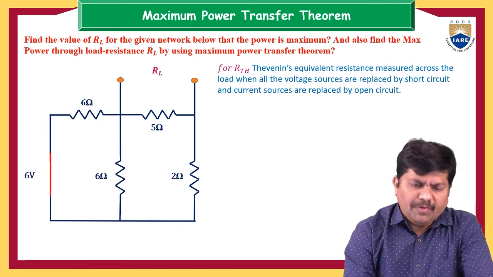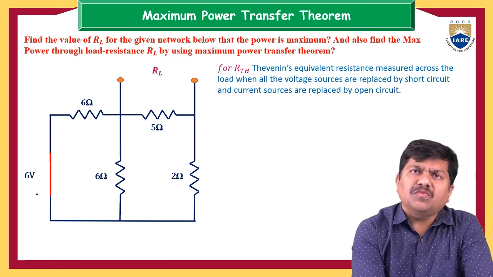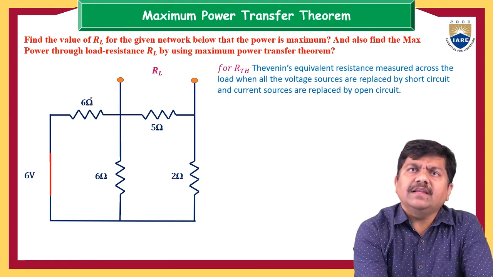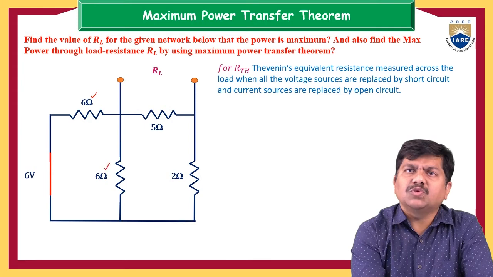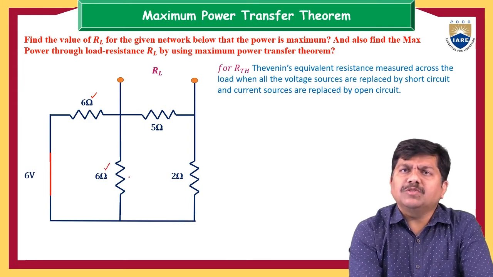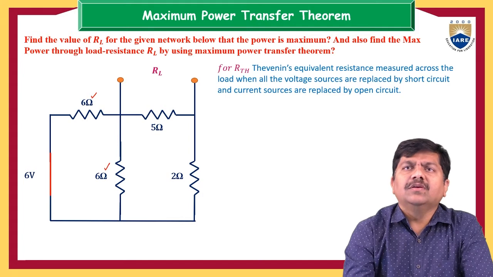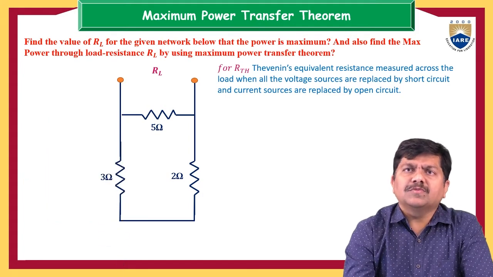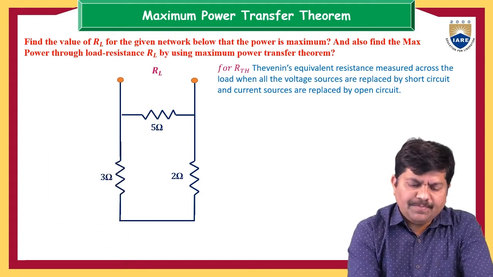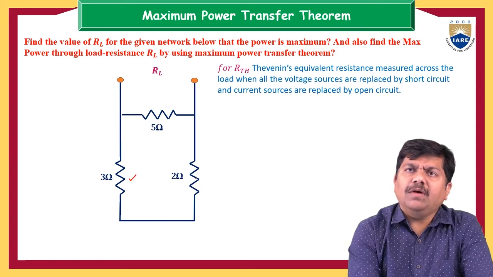Now if you could see here, with the 6 volts source short circuited, this 6 ohm and this 6 ohm come into parallel. 6 ohm and 6 ohm have equal resistances, so the resultant value is half of the individual resistance value. So 3 ohms comes into the picture. And again, this 3 ohm and this 2 ohm come in series with each other.